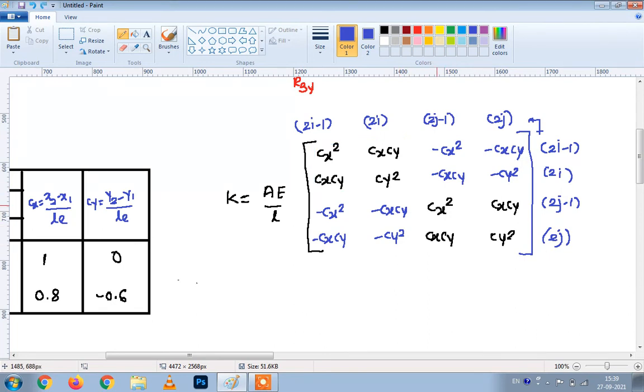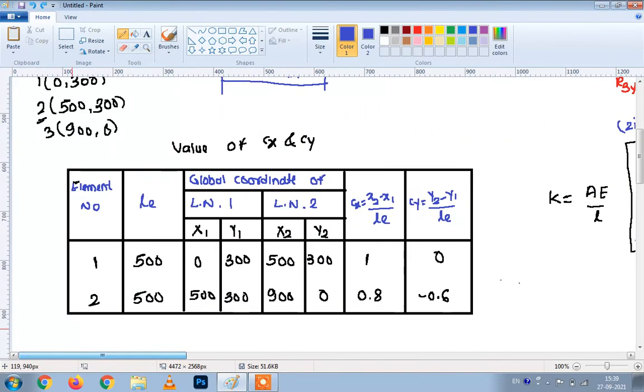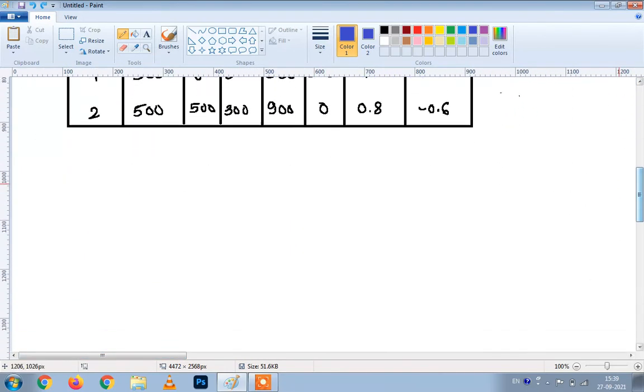So although this particular stiffness matrix is very large, a 4 by 4 matrix, its formation is very easy. I will directly write K is equal to K1 plus K2. Global stiffness matrix is equal to element stiffness matrix K1 plus element stiffness matrix K2. So we will write down the area.